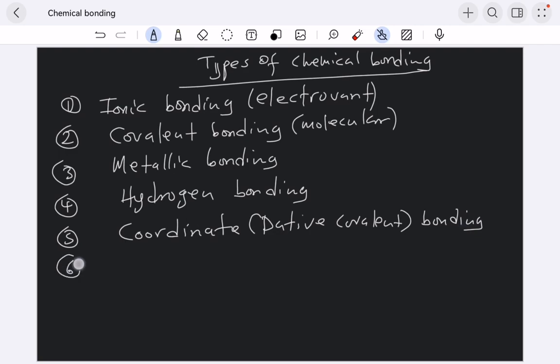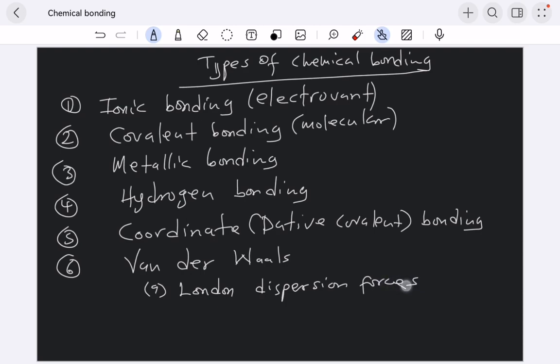Then lastly, we have what we call the van der Waals. So under the van der Waals, we have two types. We have what we call the London dispersion force or forces, and we have dipole.